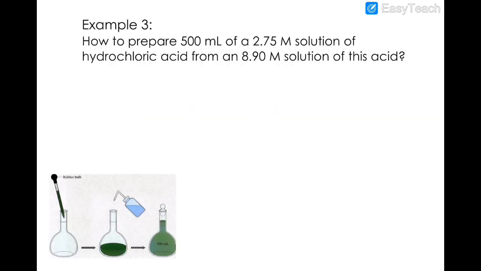Okay, so last example untuk dilution. So you are asked on how to prepare. Okay, so let's have a look at the last example. So you are asked how to prepare 500 ml of a 2.75 molar solution of hydrochloric acid from 8.9 molar solution of this acid. Okay, jadi basically kamu kena cari volume initial.